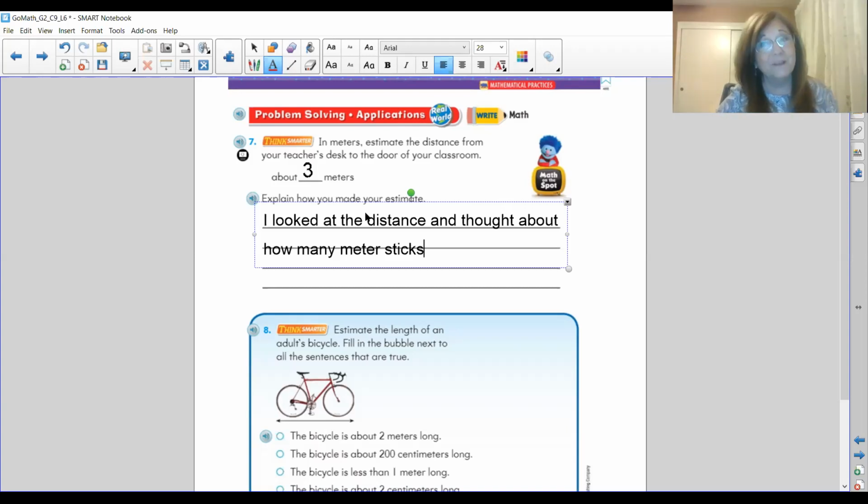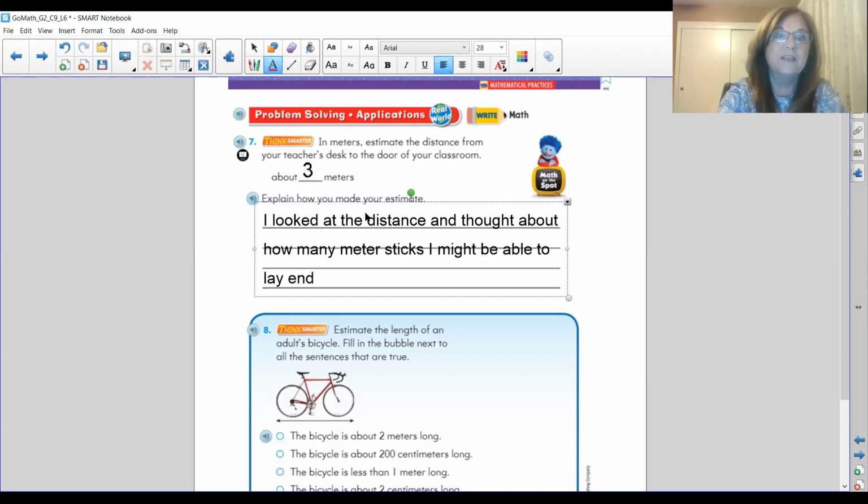That really, really helps. So thinking about how many meter sticks I might be able to lay down, to lay end to end. And of course, that's how we get our answer, is laying them end to end to fill the distance.